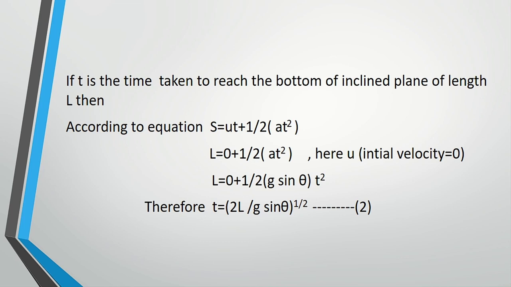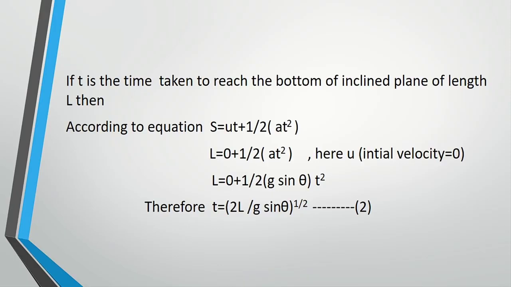Next, we will calculate the time taken by the object to reach the bottom position of the inclined plane of length L. According to our basic knowledge, we have already learnt the equations of motion, that is s equal to ut plus half at square and v equal to u plus at. Consider the first equation, s equal to ut plus half at square.